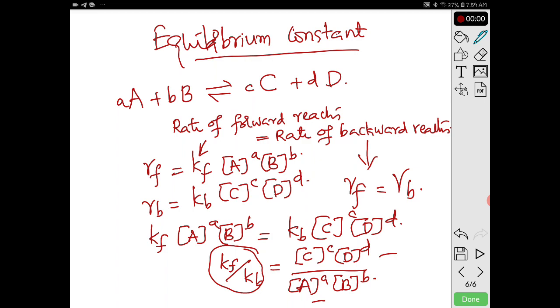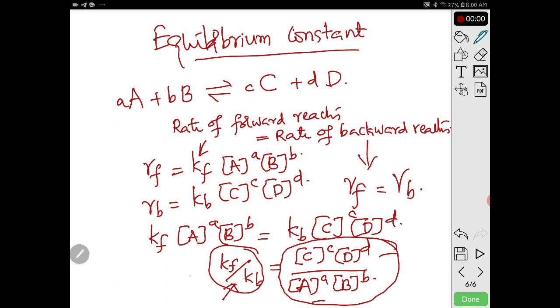If you can predict the ratio of the rate constant of the forward reaction to the rate constant of the backward reaction, that will give you an idea about what amount of the reactant or product concentration will be more in the reaction mixture. So this is very important.